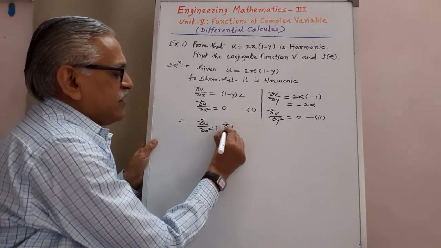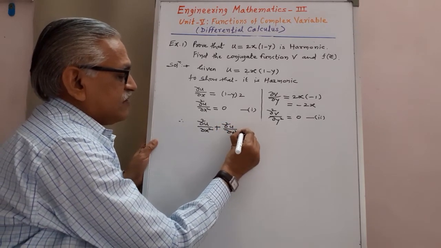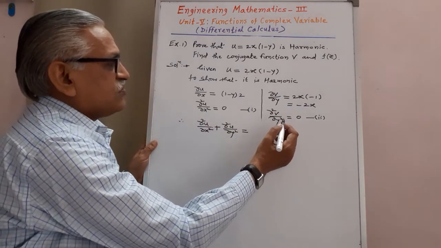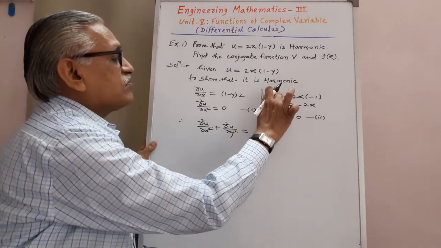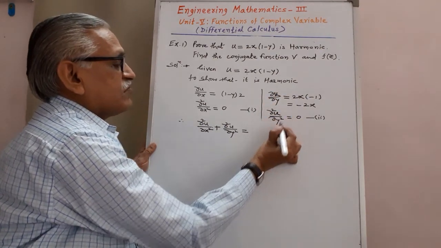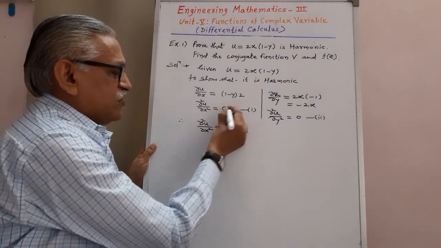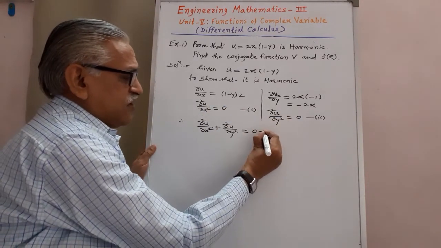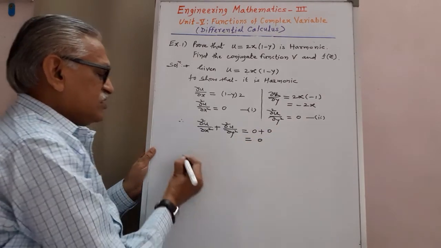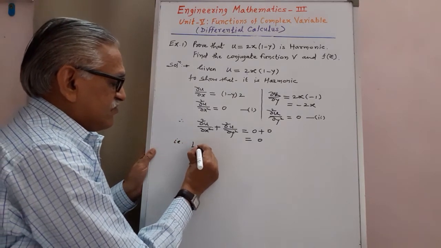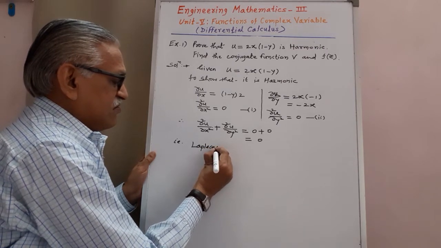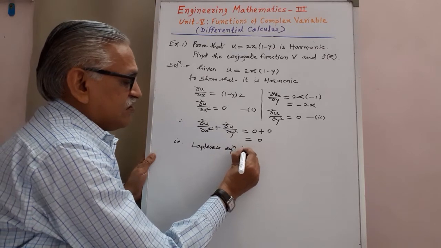Substituting the values, ∂²u/∂x² is 0 and ∂²u/∂y² is also 0. Therefore, we get 0 + 0 = 0. That is, the Laplace equation is satisfied.